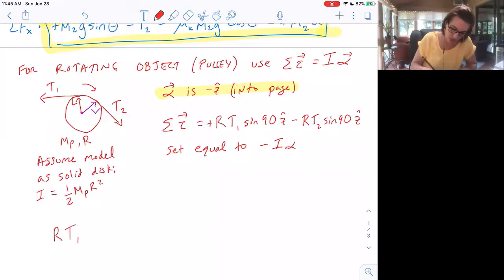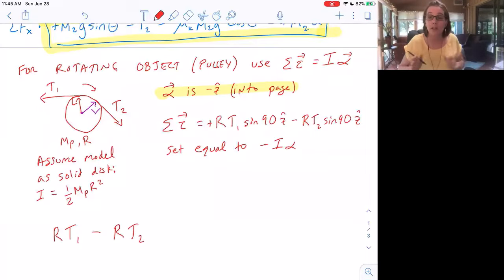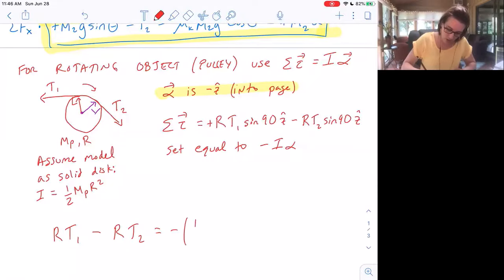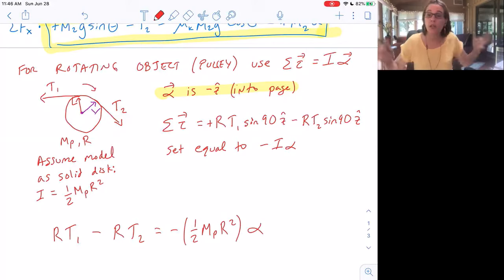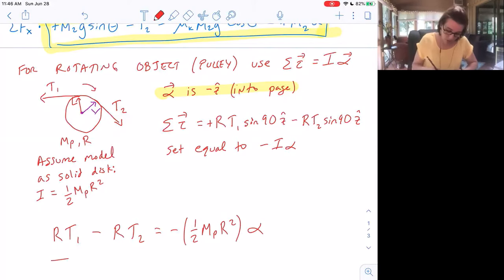So R T1 sine of 90, that's just 1, so I'm going to leave it out, minus R T2 sine of 90, again equal to 1, so I'm going to leave it out, equals, and then negative I, so 1/2 m sub p r squared alpha. And at this point, I've done all I can do for writing my equation of motion.